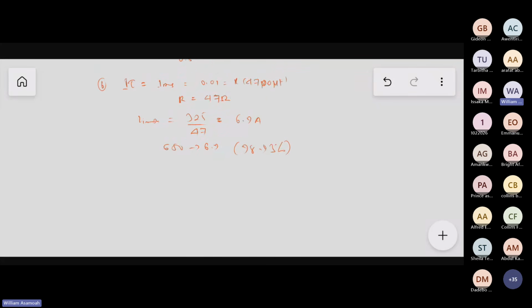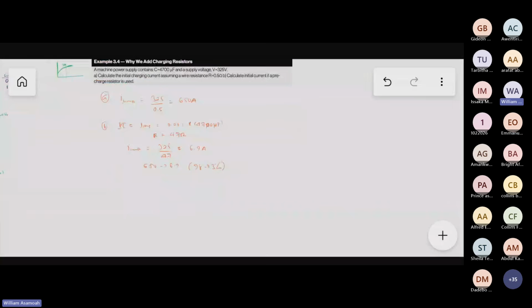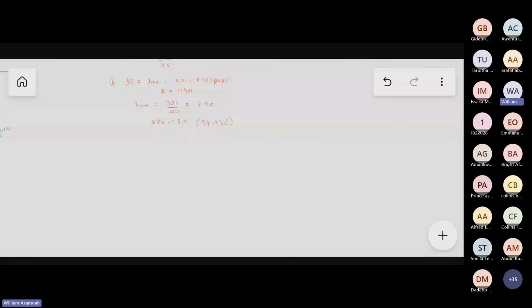Now the second method we use is what we call the NTC thermistors. They are resistors, negative temperature coefficient thermistors. A thermistor is a resistor whose resistance depends on temperature. Normally, resistance increases when temperature increases, but these ones are negative.